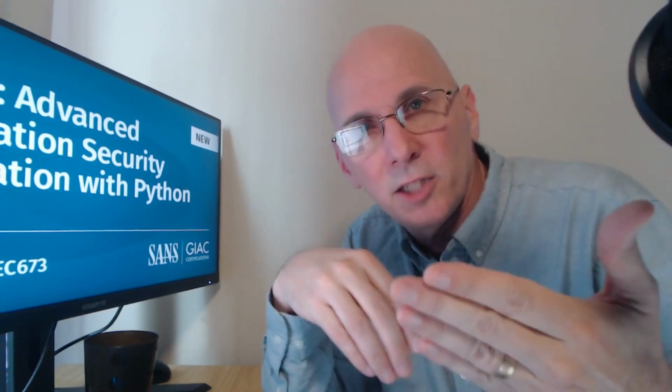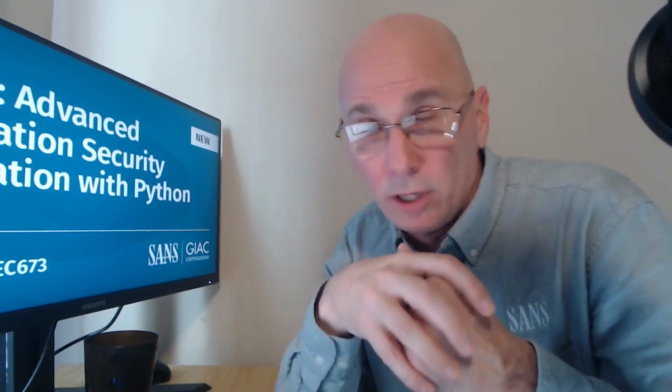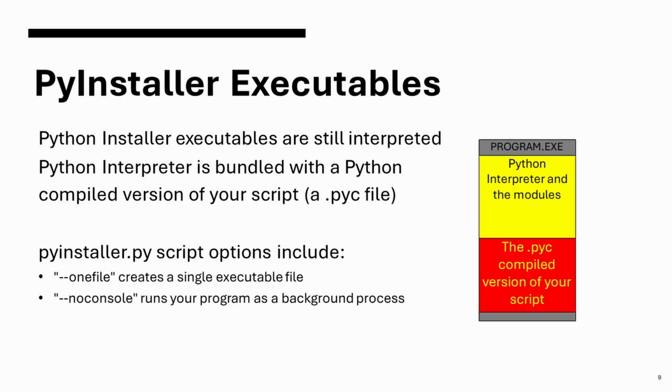What tools like PyInstaller do is they take the Python interpreter, any libraries that your program depends upon, and a byte compiled copy of your code, and package it up into a self-extracting exe. So when the user clicks it, it extracts it, runs the program, and then cleans it up. Now, PyInstaller has several options.